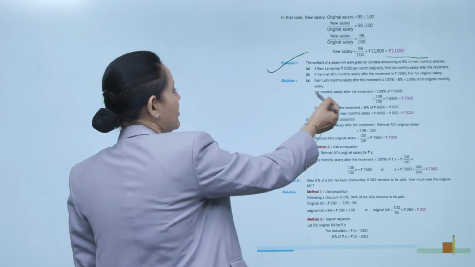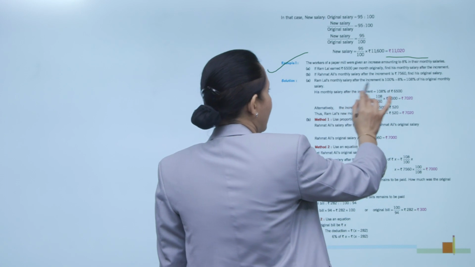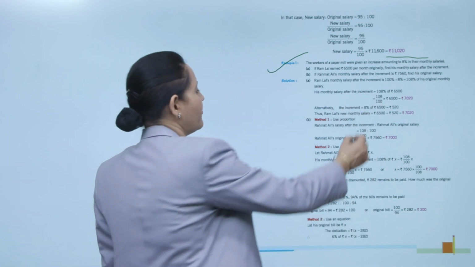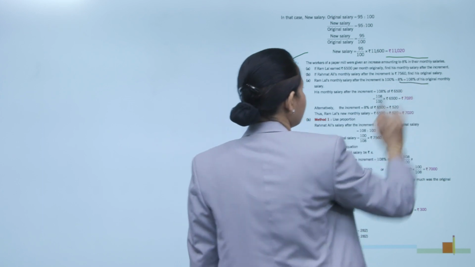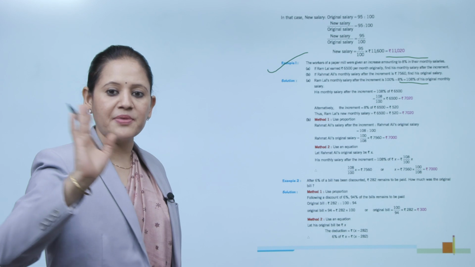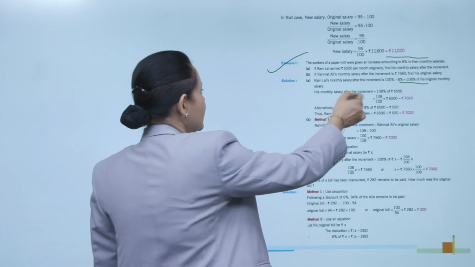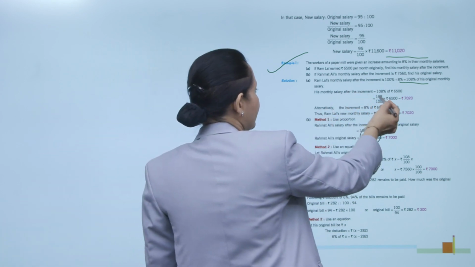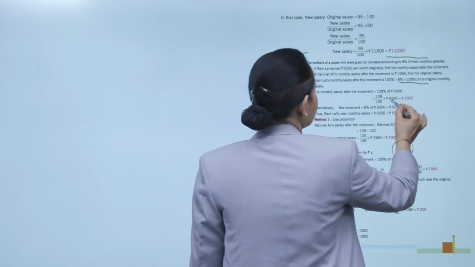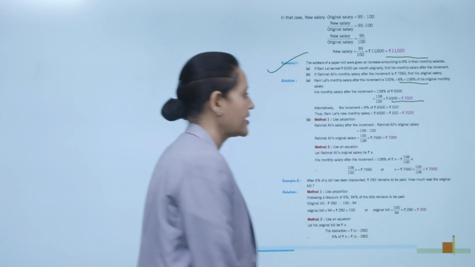So, Ramlal's monthly salary after the increment is 100 plus 8%, because 8% increase हुआ है, 108% of the original salary. So, his monthly salary is 108% of 6,500. So, 108 upon 100 into 6,500, that is rupees 7,020. Clear?